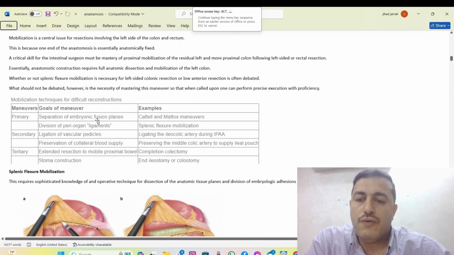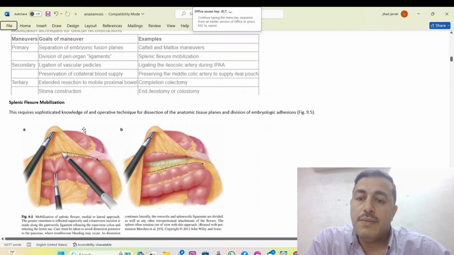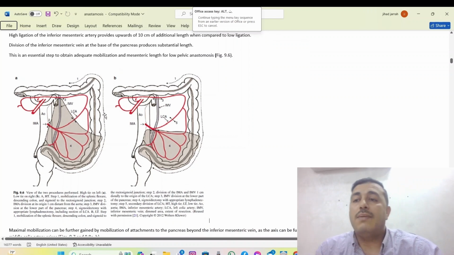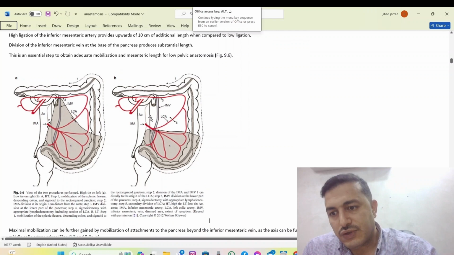These are types of ligation of vascular pedicle as secondary maneuvers. If we are talking about left-sided or rectum, we are talking about high ligation or low ligation of the inferior mesenteric artery.